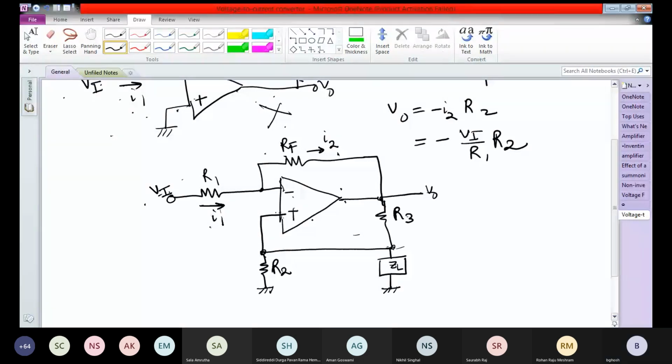This is I3. This is IL. This is, sorry, let's call this I4. And the current here is 0.